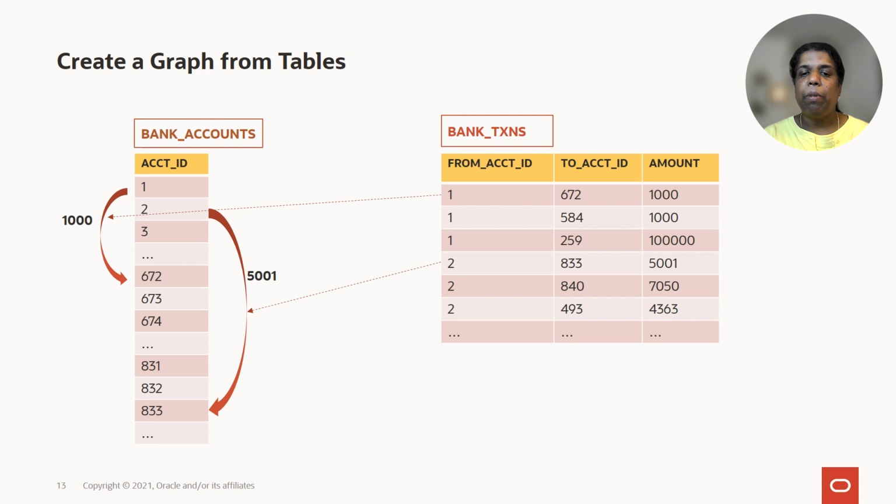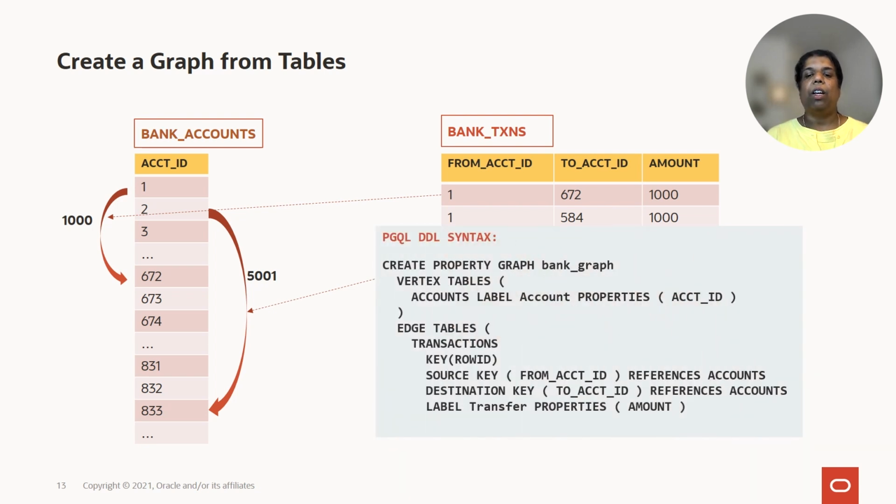So once you determine your vertices and edges, if you want to build a graph, you can do that using the PGQL DDL syntax. So you create a property graph by specifying your vertex tables and edge tables, and specifying the source and destination vertices for these edges. So you can see here that you have a compact representation for doing all of these things.